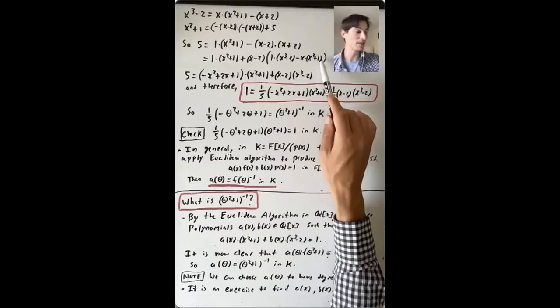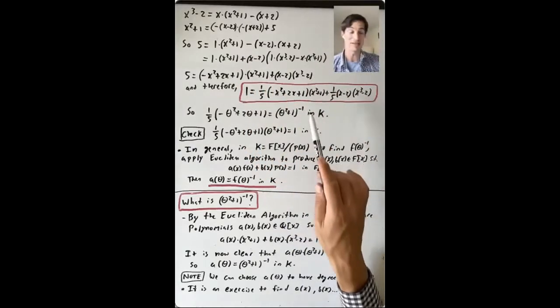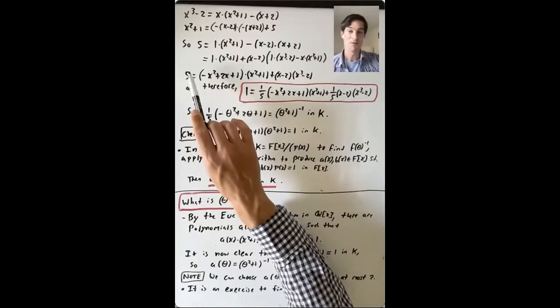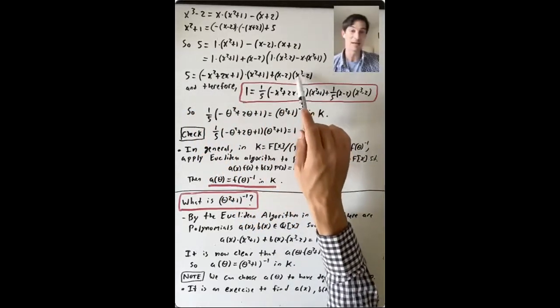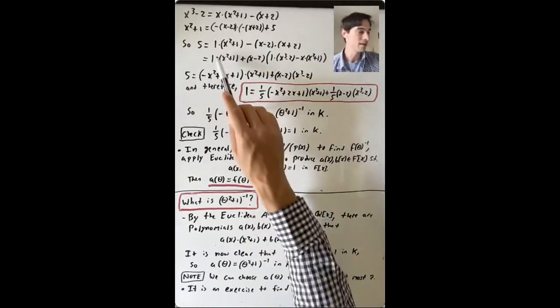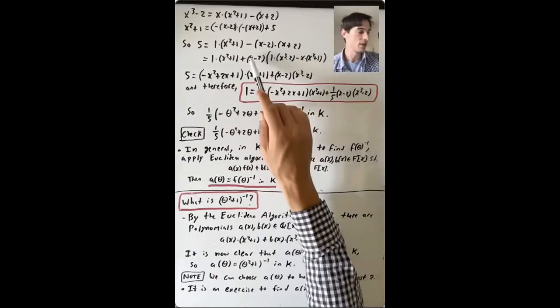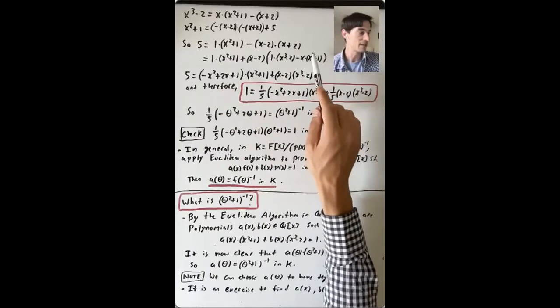And now let's group together the things, the factor of x squared plus 1 and the factor of x cubed minus 2. And what we see is that 5 equals something times (x squared plus 1) plus something times (x cubed minus 2). So let's see if I did this arithmetic correctly. 1 times (x squared plus 1) plus (x minus 2) times minus x times (x squared plus 1).